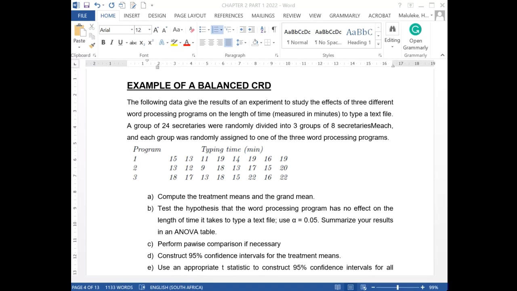Let's do it together. 141 plus 126 plus 117, the sum of the 3 treatments. Are you having 384?